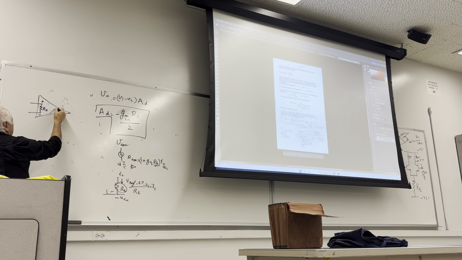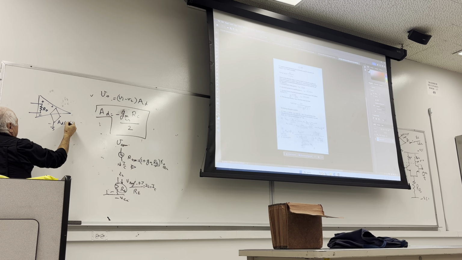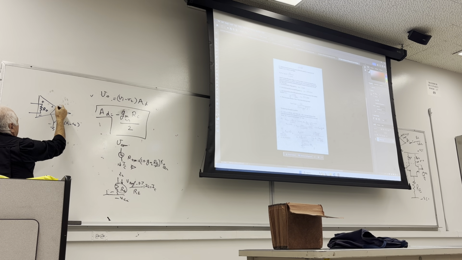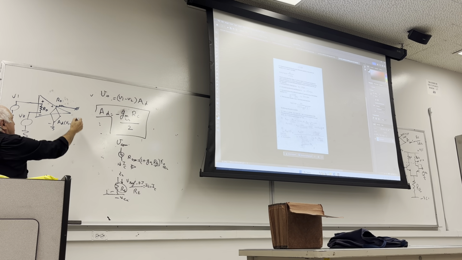We have got a huge voltage gain in here, plus minus AD multiplied by V1 minus V2. And we've got an internal resistance, RO, output resistance. And here is your V1. Here is your V2. Okay? And this is your output.